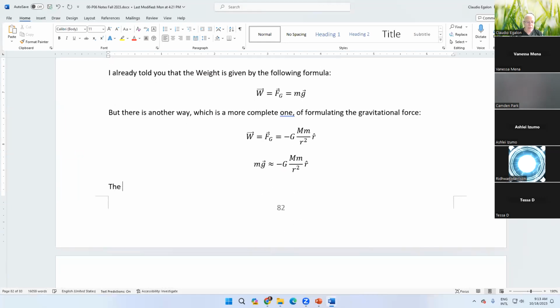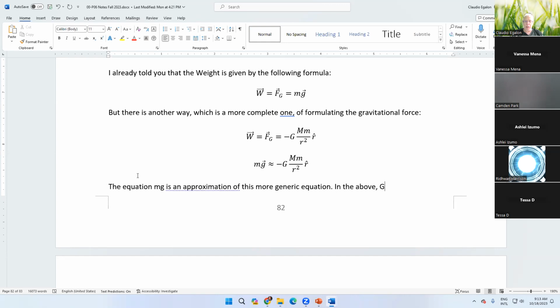The equation mg is an approximation of this more generic equation. Okay?